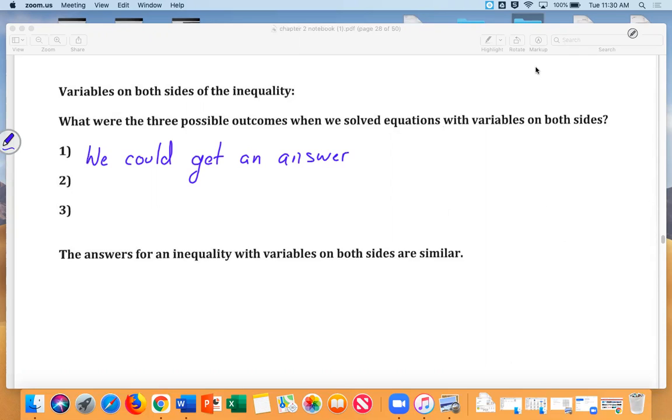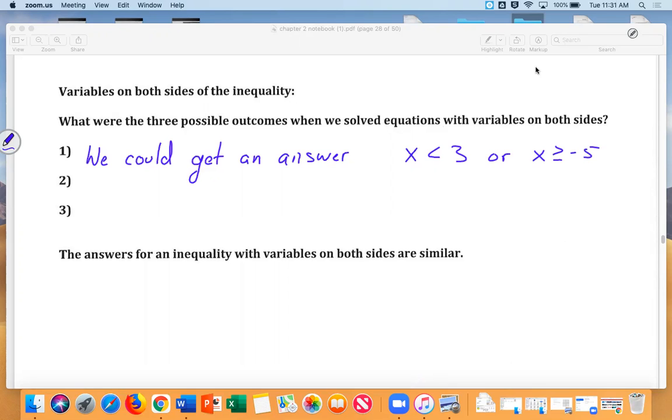Well, in this case, we would have like x equals 3. That was the stuff we were doing earlier. x equals -2. x equals 12. Okay, with inequalities, this would be something like x is less than 3, or something like x is greater than or equal to -5. Okay, so this is what it looks like when we get an answer.